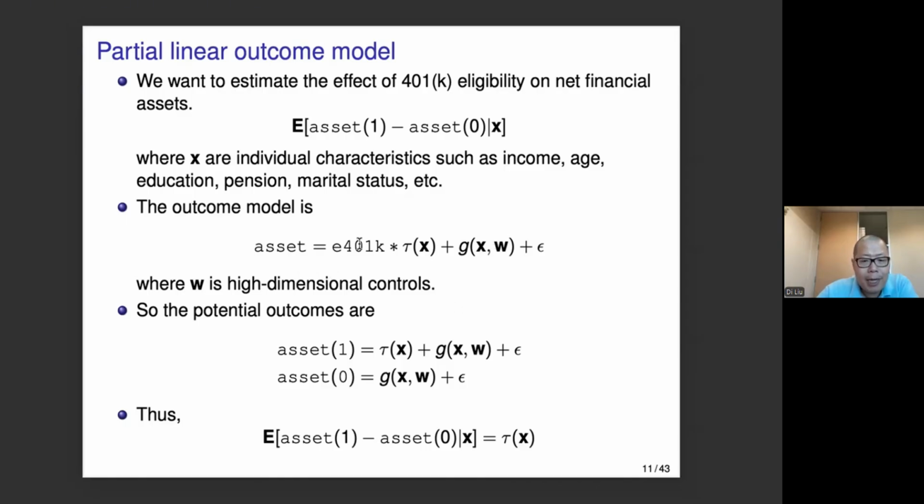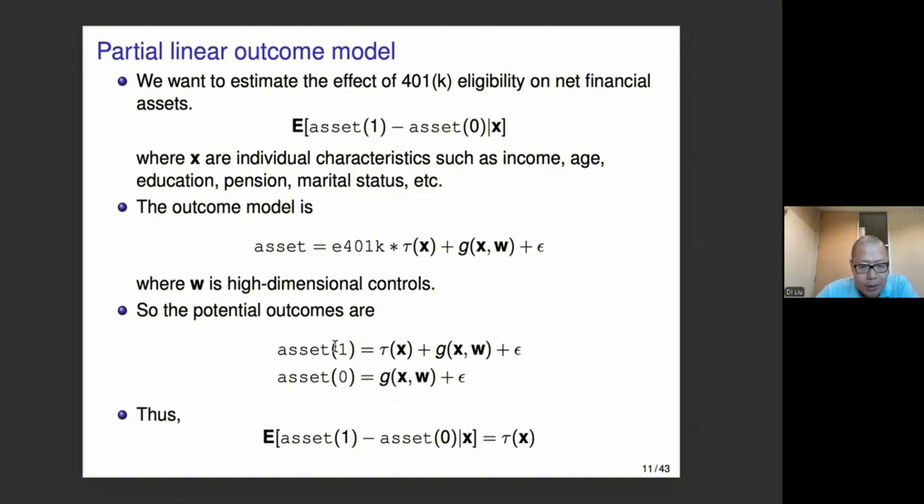So when e401k equals 1, the potential outcome for treated is tau(x) plus g(x, w) plus epsilon. And when e401k equals 0, the potential outcome, when it's in control, is just g(x, w) plus epsilon.